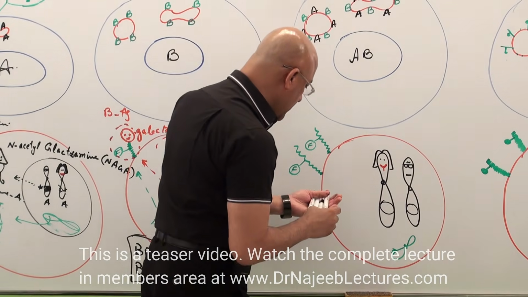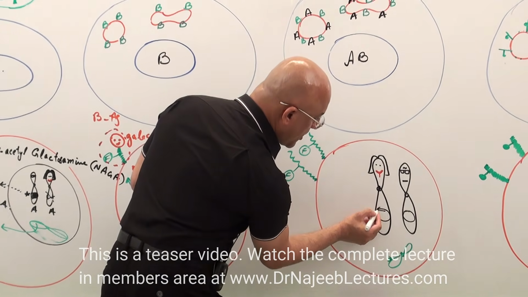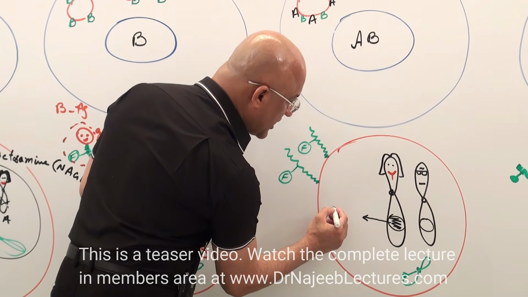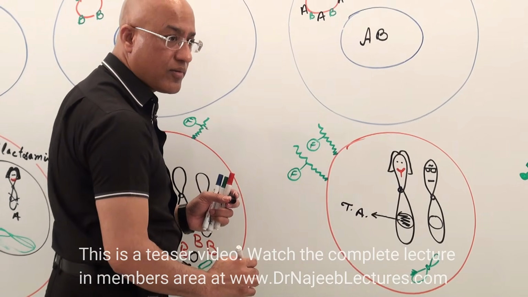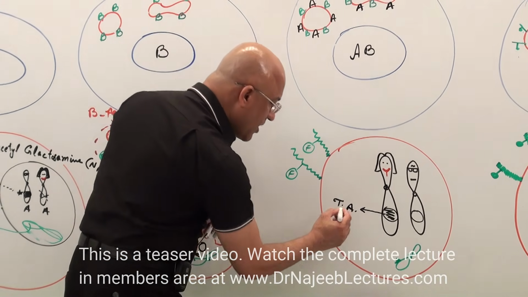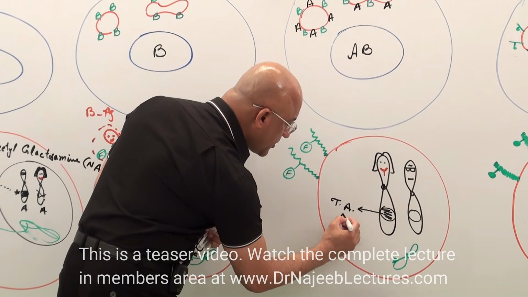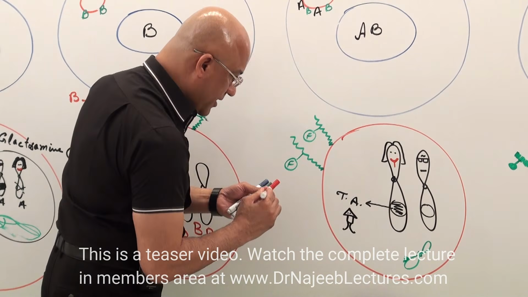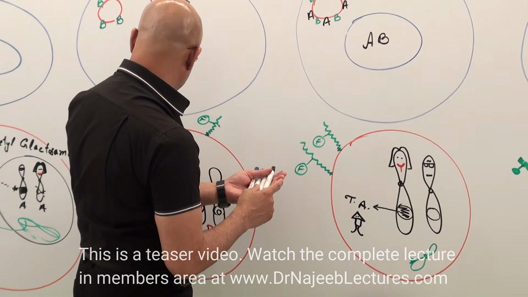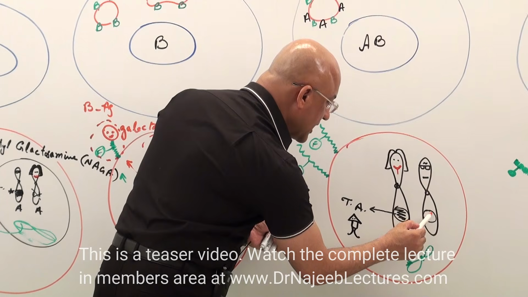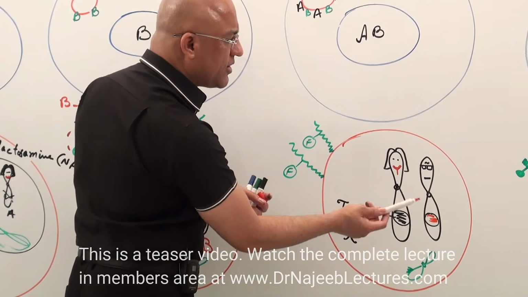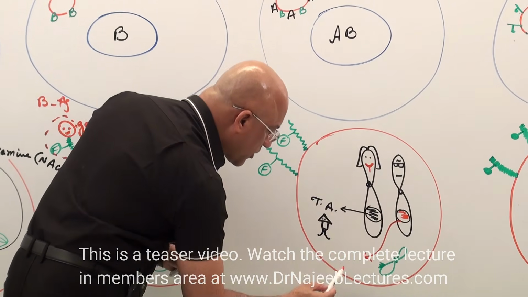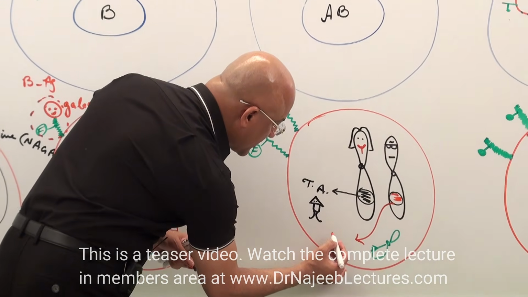Here there is the gene which is going to make transferase A, and it doesn't matter from which side A is coming and from which side B. Suppose the paternal chromosome is making transferase B.